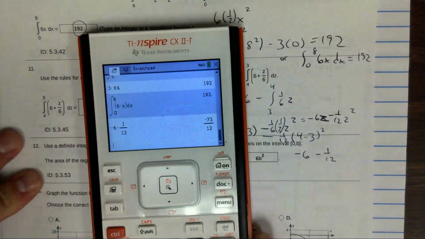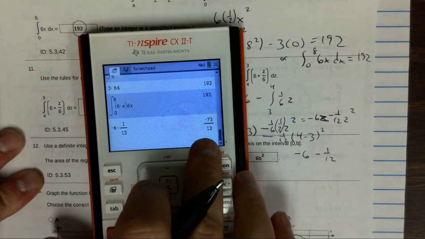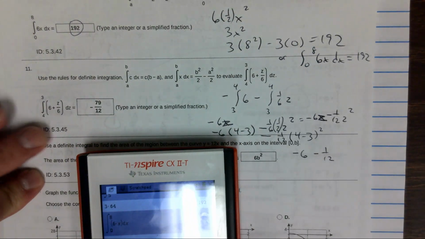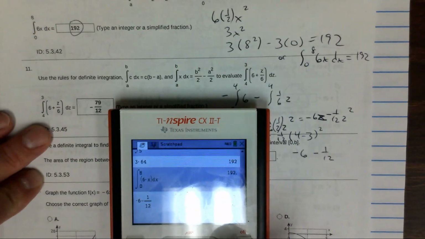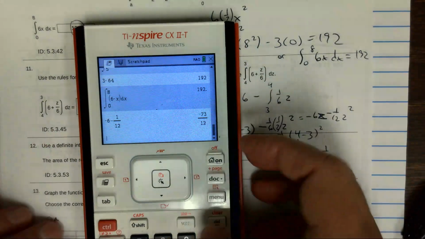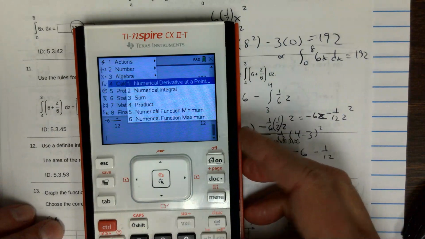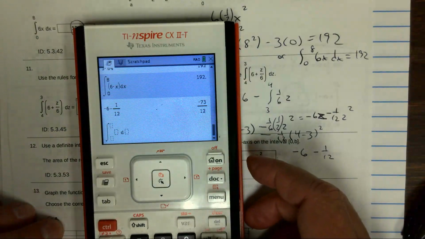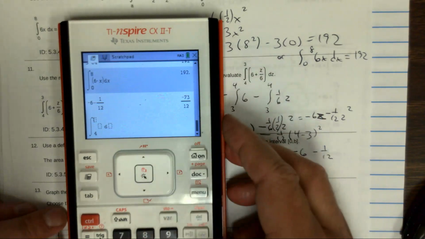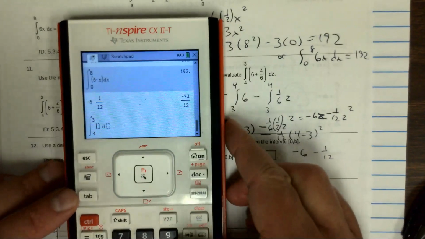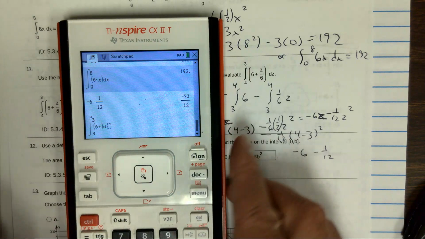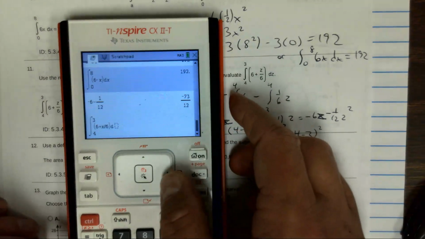Oh, I guess I did something wrong. I got negative 73 over 12. Let me just type it and see what I get. Numerical integral, 4 to 3 of 6 plus x over 6 dx.